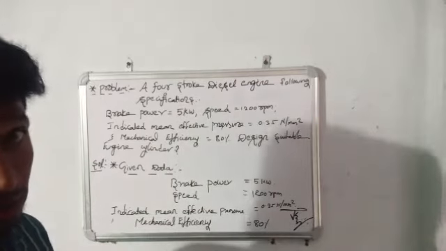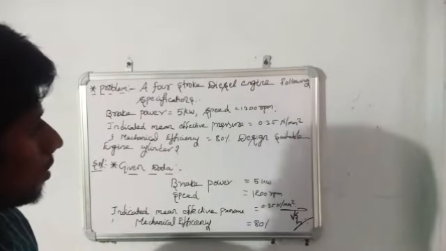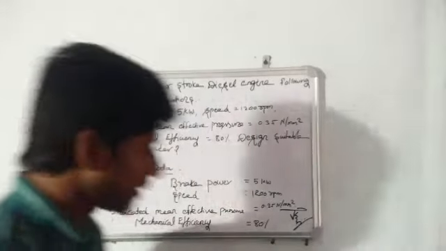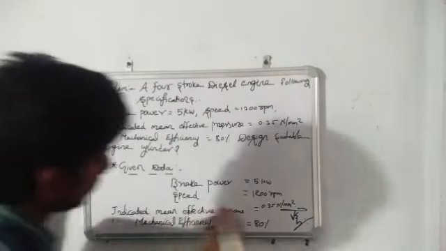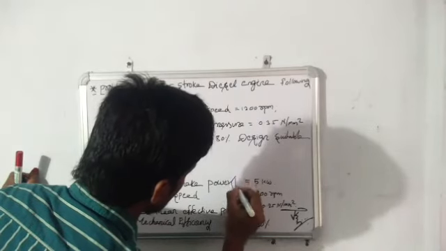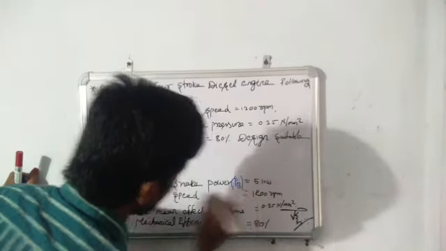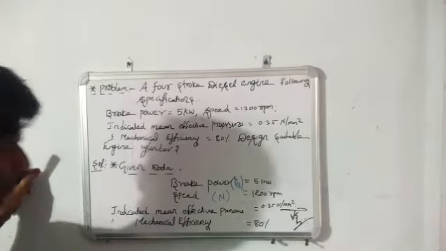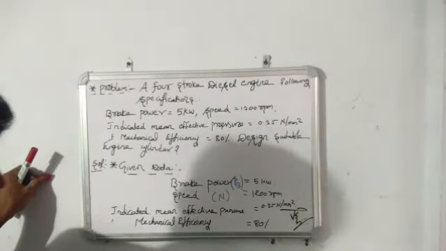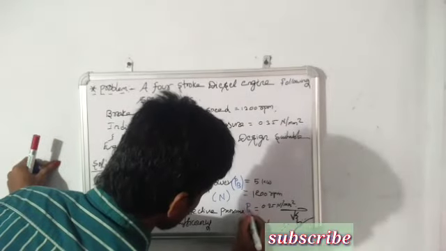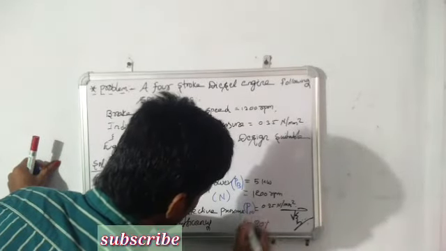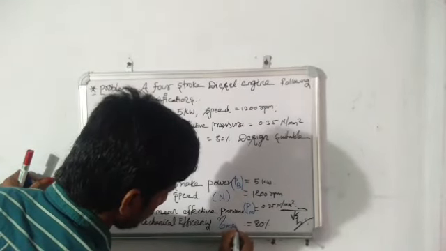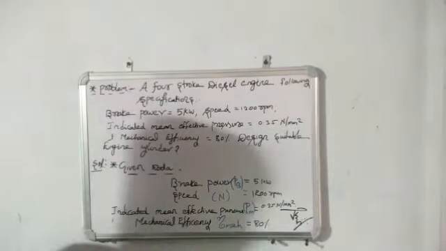So these are the symbols for the given data. Arrange those symbols here. Brake power is P suffix B. Speed of the engine is capital N. Next, the indicated mean effective pressure is PM. And the mechanical efficiency. So this is the given data.